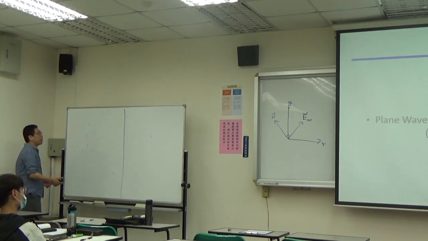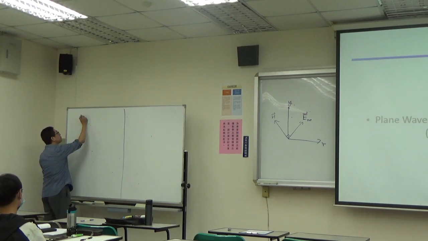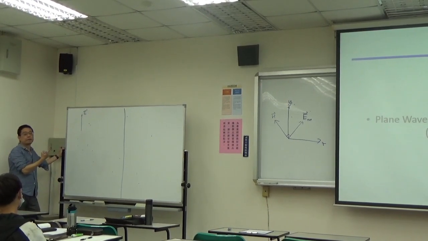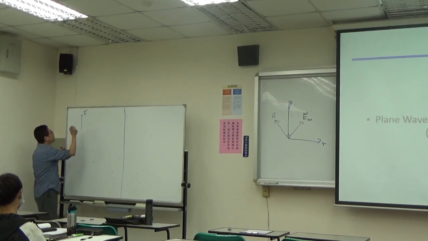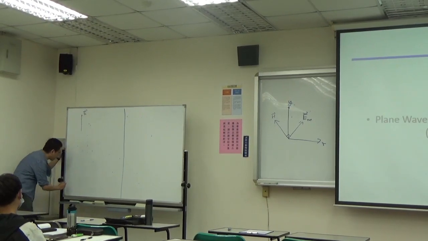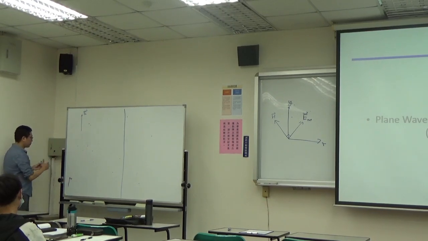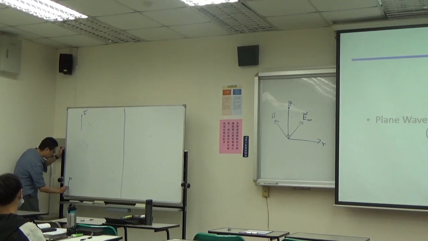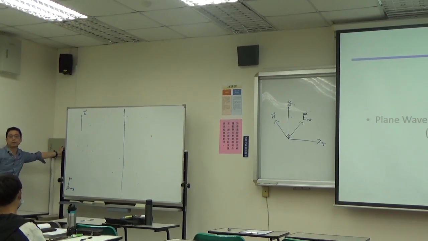If we have the electric field E, maybe in the X direction, put down X, Y, Z. So Y is outside, and Z is this direction.